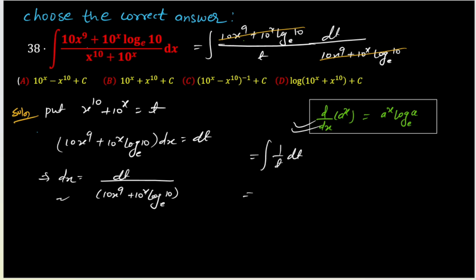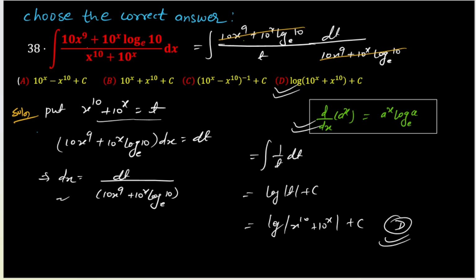So this integral is equal to log mod t plus c, and replacing t, we get log of x to the power 10 plus 10 to the power x plus c. So the correct answer is log of x to the power 10 plus 10 to the power x. This is the correct answer. Option D is the correct answer.